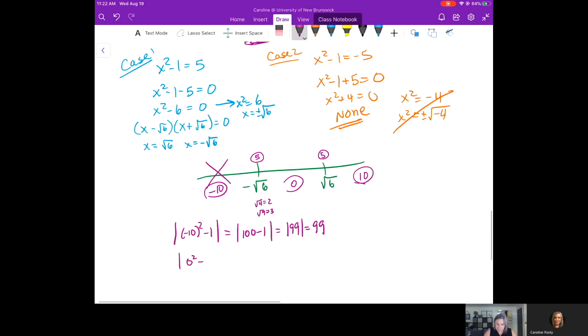Plugging in the 0, I think, will be the only one that works. This gives me |-1|, which is 1, and 1 is less than 5, so this one works. And the 10 squared is going to give me the same as the first one, because 10 squared or -10 squared is both 100. So this is 99. So these ones don't work.